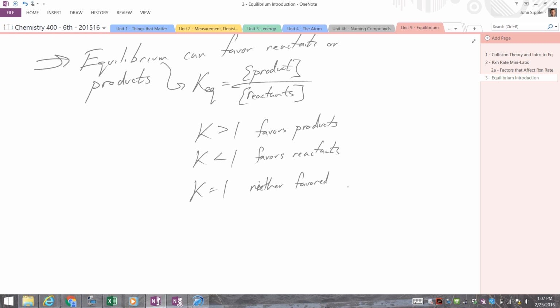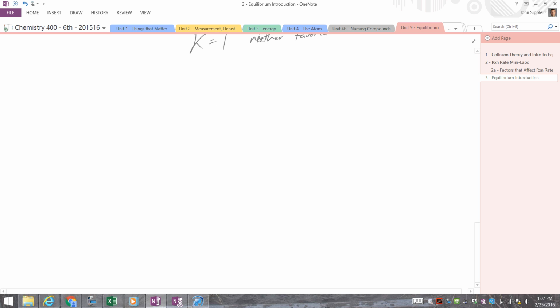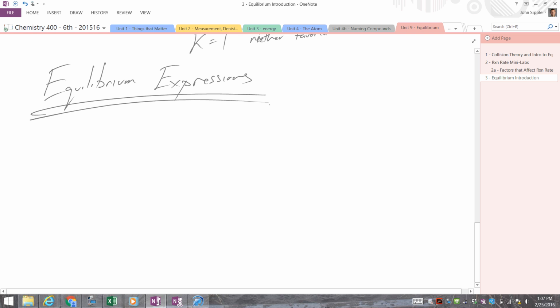All right, so speaking of equilibrium constants and finding numbers, we need to write some equilibrium expressions. We've got to practice writing equilibrium expressions. We're going to get our expression from our balanced chemical equation.